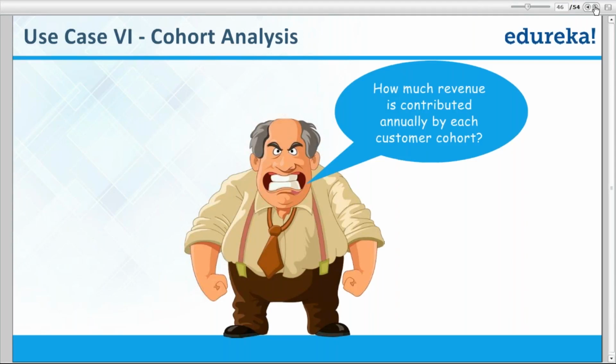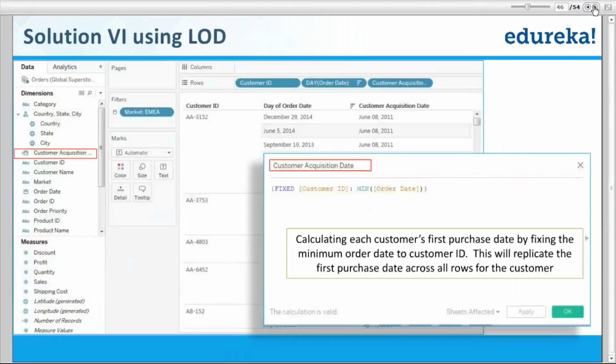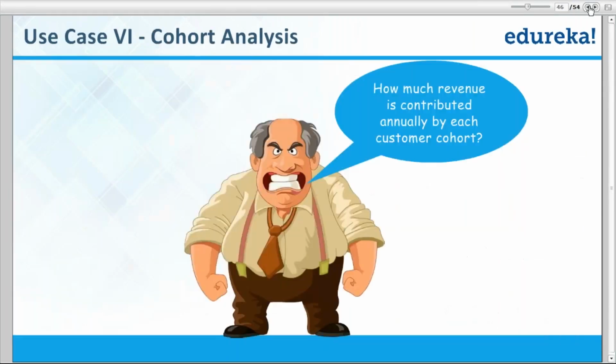So in order to know how many of the customers are coming back to you, we are performing something called cohort analysis here. What is cohort analysis going to do? It shows what is the revenue contributed by each and every customer individually, and what percentage of revenue the customers are contributing individually. That's what this cohort analysis is going to help you out with.